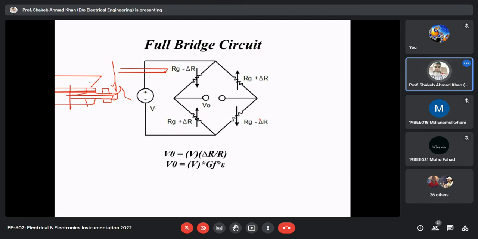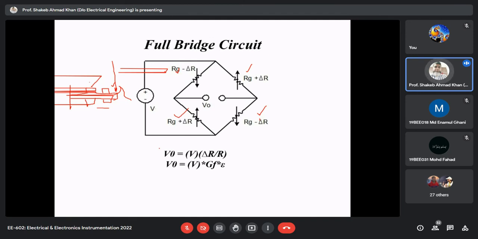If this is the direction of stress, then these two are this one and this one, and the lower two are this one and this one. When you derive the expression, you can see the output.